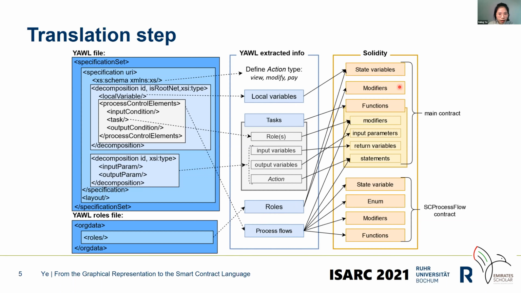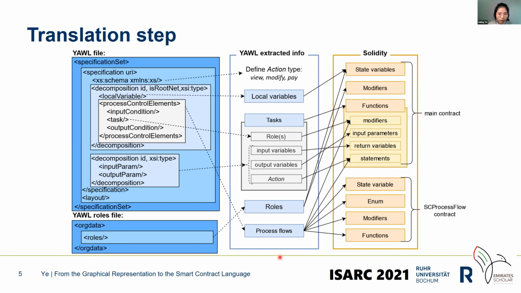And modifiers are used in this example to restrict that only the specific role can execute a specific function. The process flows are used to tell the running order of the execution of the tasks.